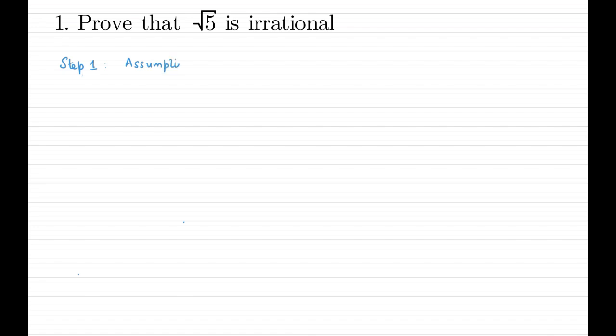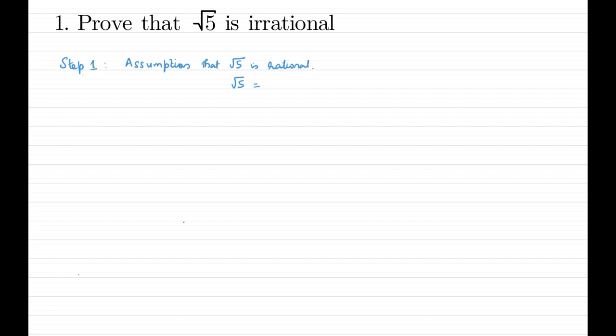First is step number 1. What is step number 1? In step 1 we assume root 5 as rational. So step 1 is the assumption that root 5 is rational. If root 5 is rational, then it can be written in the form a by b.